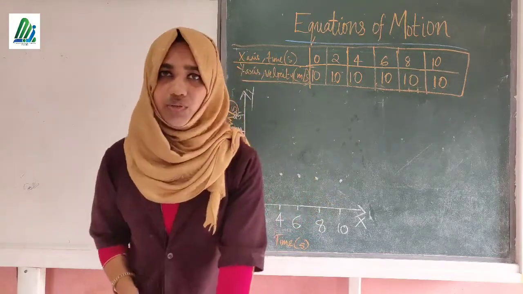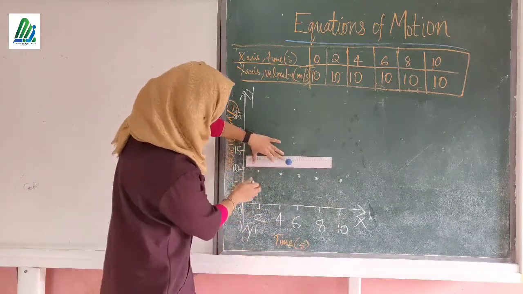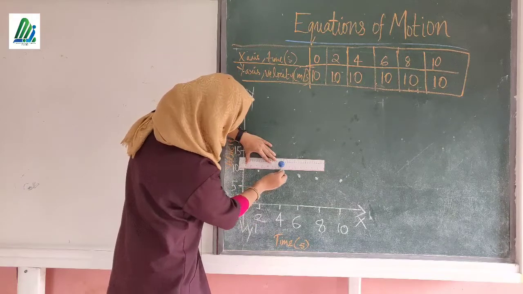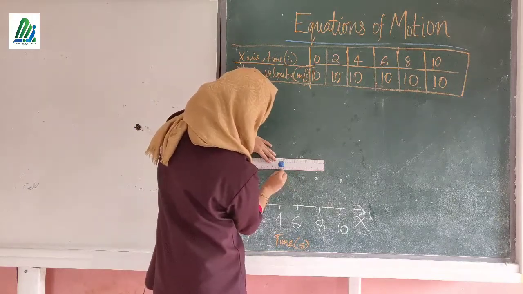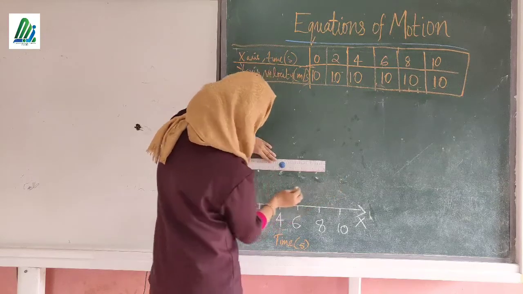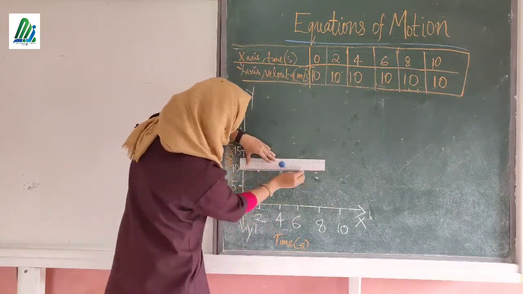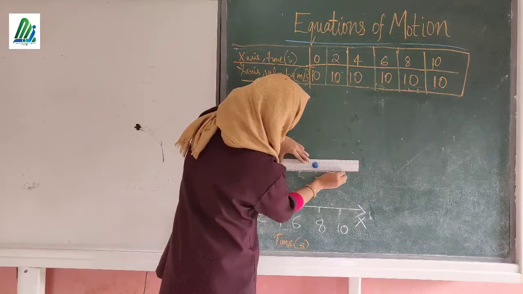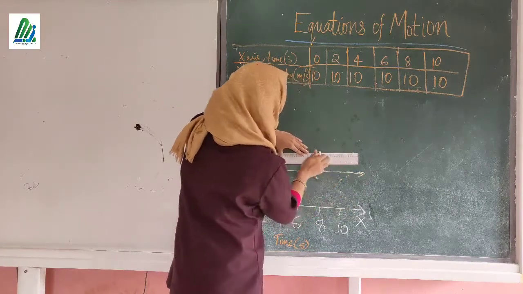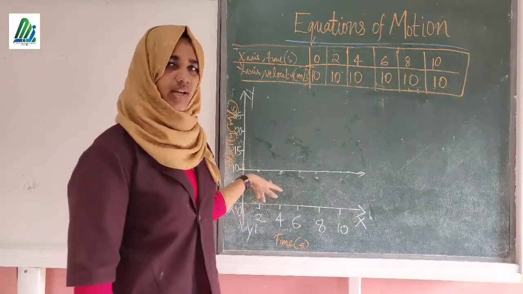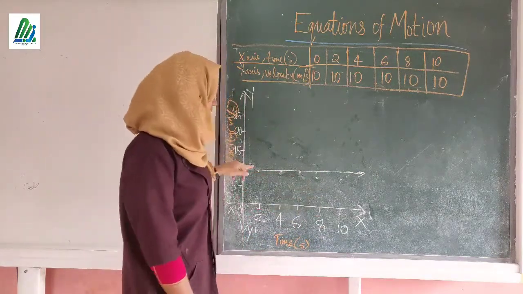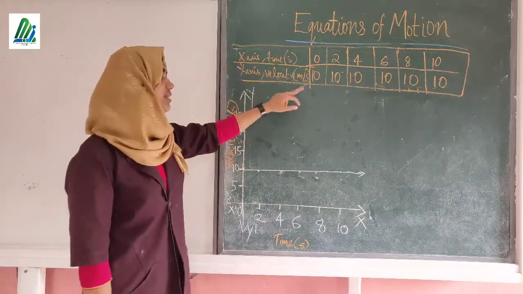So, I am going to join this line. What have you understood from this graph? I got a straight line graph by joining these points.